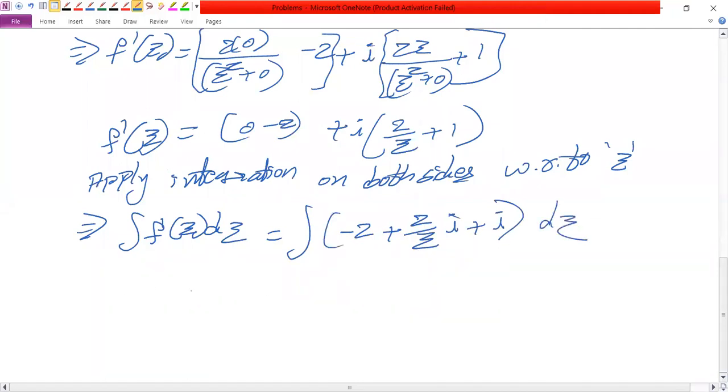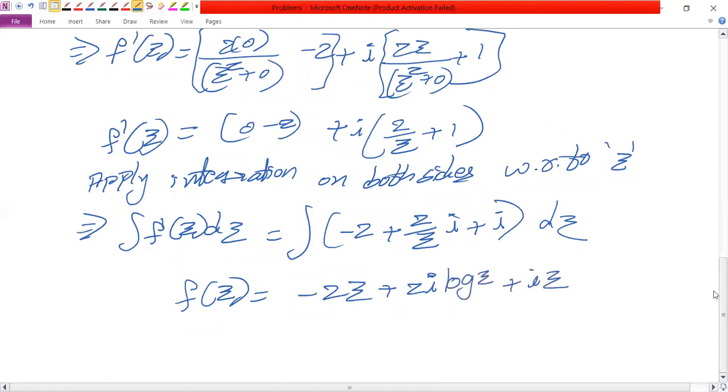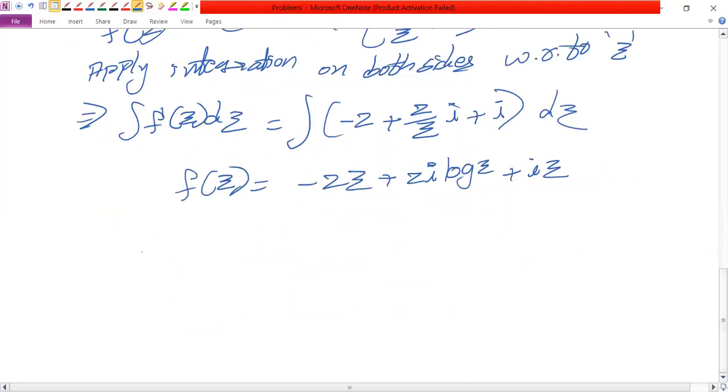So f of z equals minus 2z plus 2i into the integration of 1 by z dz, which is nothing but log z, plus z. So what is the final f of z function?